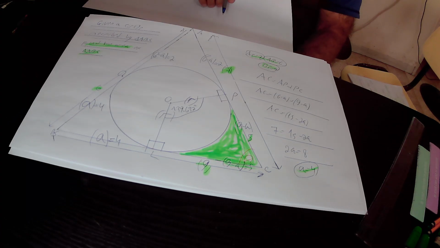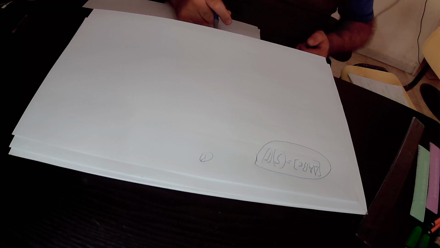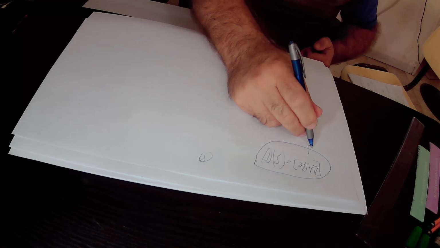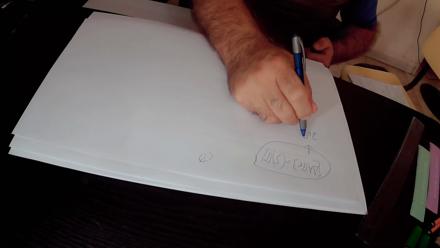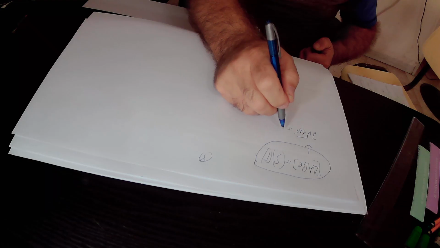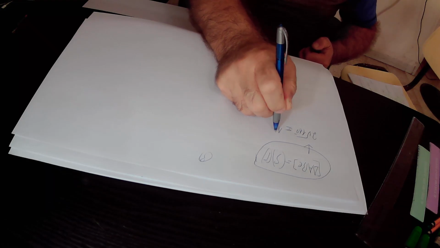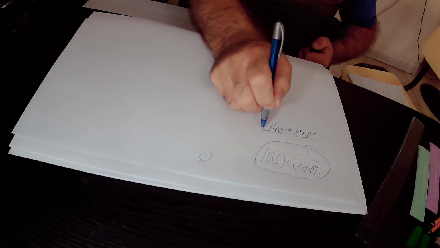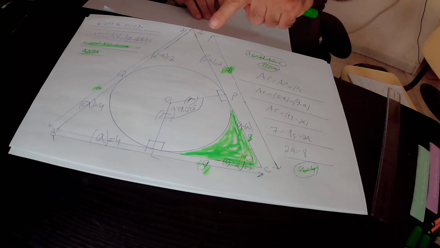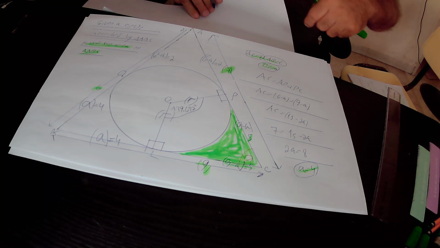We already found that the area of triangle ABC equals 2 times the square root of 110. And it is equal to S, the semi-perimeter, which equals 11 units in length, times the radius R. The radius R is the missing variable. R is the radius of this circle that is inscribed in triangle ABC.